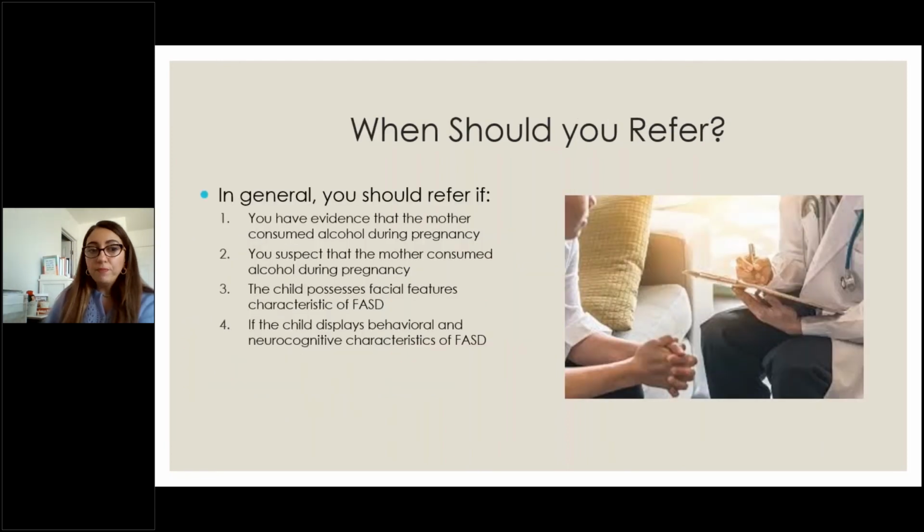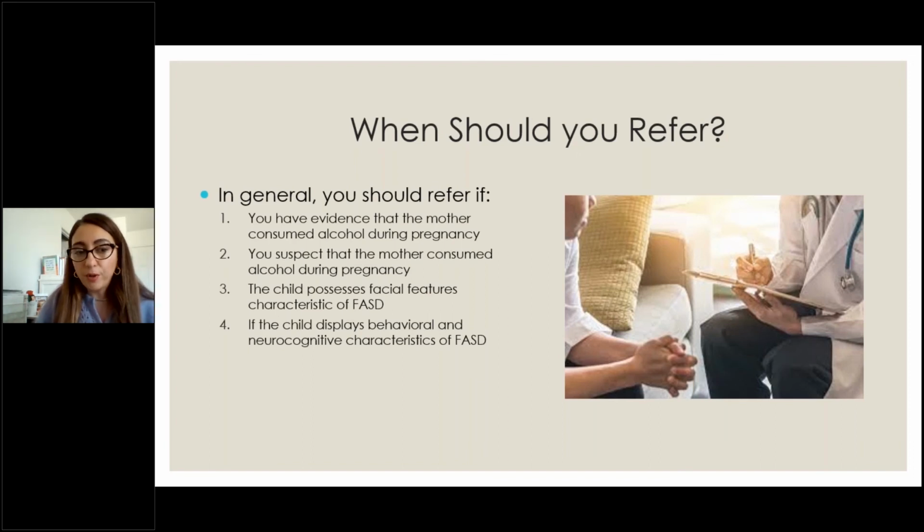So when should we refer? We should refer when we have evidence that the mother consumed alcohol during pregnancy, or, as I said, we suspect that the mother consumed alcohol during pregnancy, because sometimes, as much as we try, we cannot have all of that evidence in our records, but we have that suspicion based on our conversations, but they're not sharing it with us.